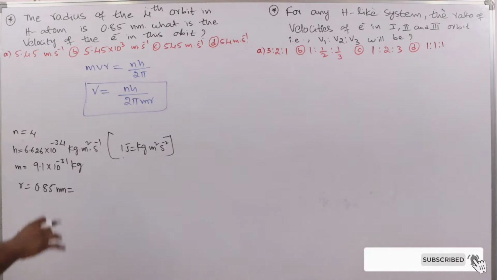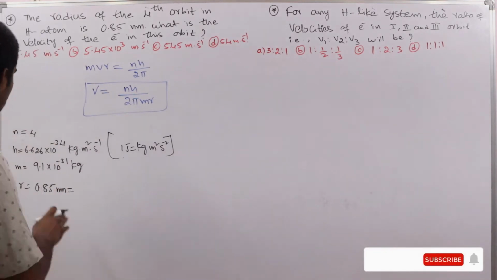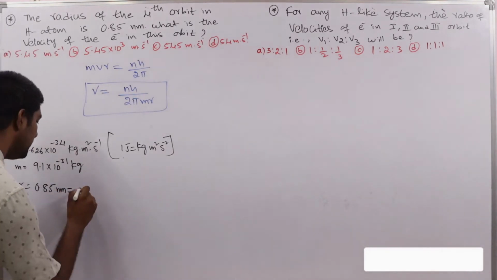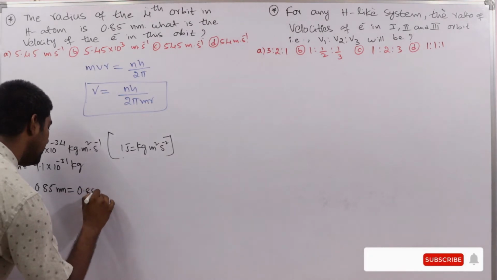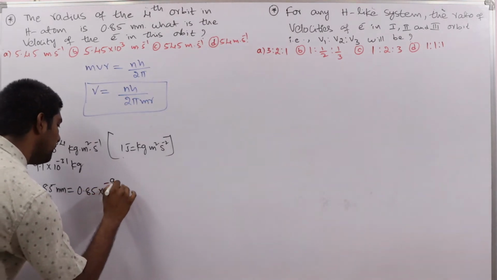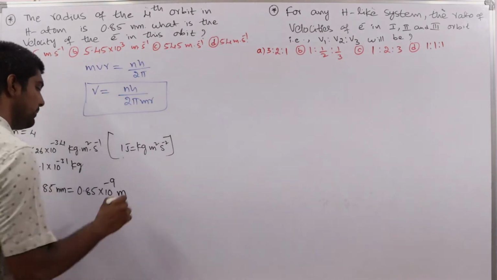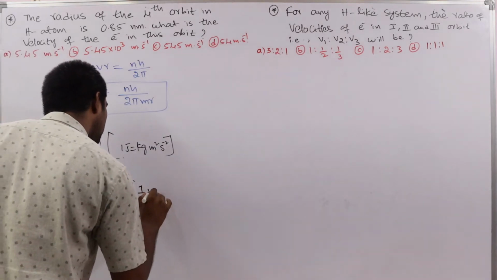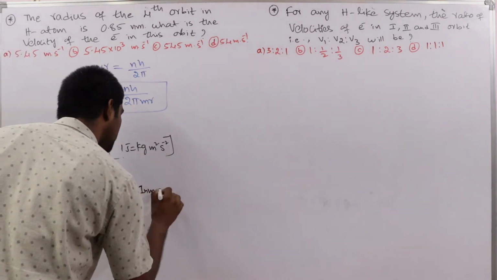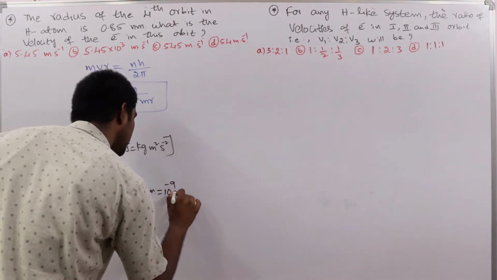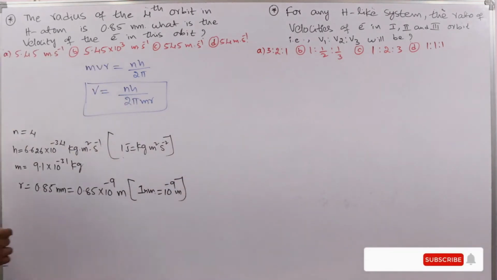These options are given as meter second inverse. So that's why you must take the radius in meters. So that is 0.85 into 10 power minus 9 meters, because 1 nanometer is equal to 10 power minus 9 meters.